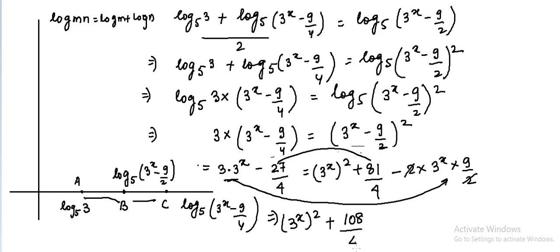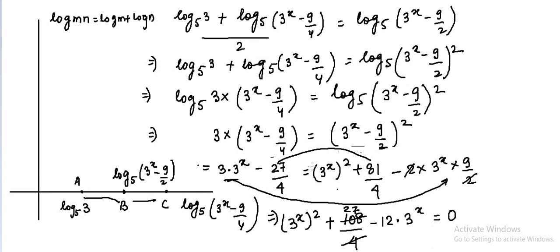You can do the calculation also. I have done the calculation. I got 108 by 4. Bring on to this term. This is going to be 9 plus 9 minus 9 minus 3. It will become minus 12 into 3 to the power x equated to 0. Cancel out this term. This will be giving you somewhere as 27.